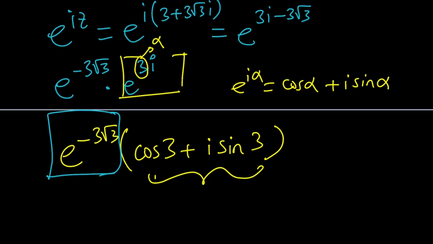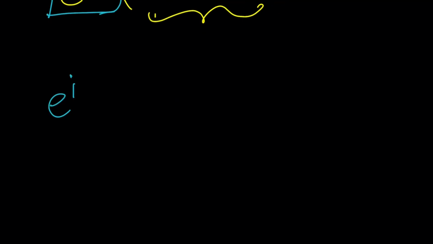I hope it does. Let's go ahead and take a look at it from a more general perspective. So whenever you're given something like e to the iz, how do you find the absolute value? What does this number represent, right? So z can obviously be written as a plus bi, right? And when it's written that way, you basically have something like i times a plus bi.